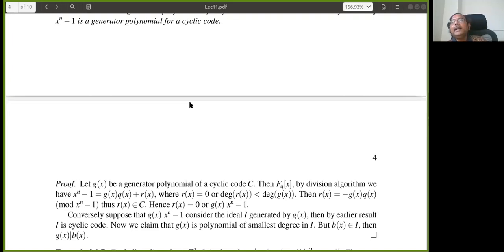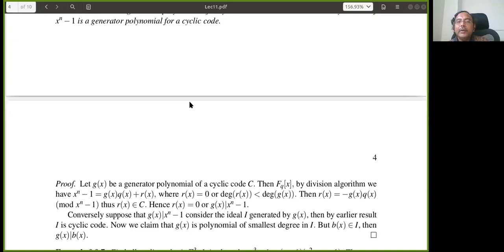But now I am adding another aspect: for a cyclic code, because of the cyclic shift, I am exactly quotienting with x power n minus 1. If you quotient with something else, you will get something else. I do not want to confuse you at this juncture, so do not go into that. So I am quotienting with x power n minus 1, and I will get the right shift, cyclic codes.